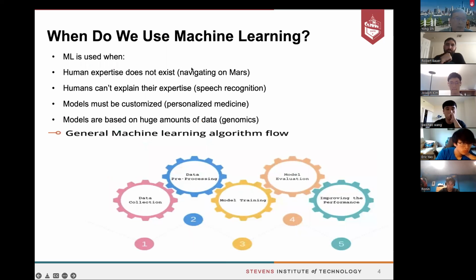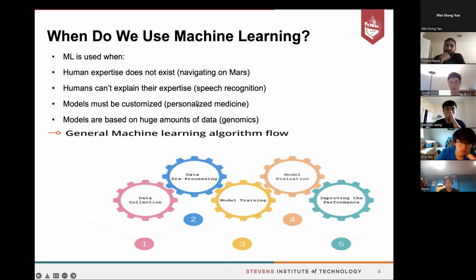So where we can use machine learning. Machine learning is used in every domain these days. For example, where human expertise doesn't exist. Then speech recognition, where Alexa and Siri are the best examples.